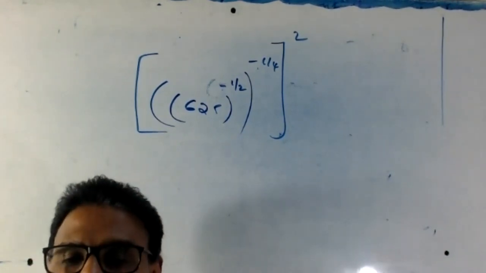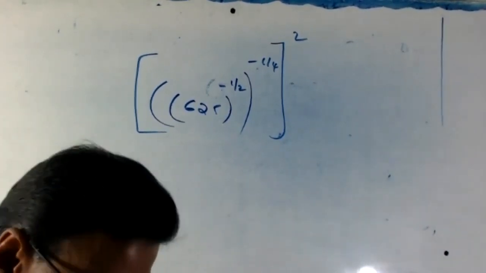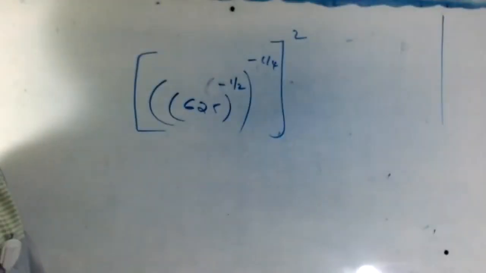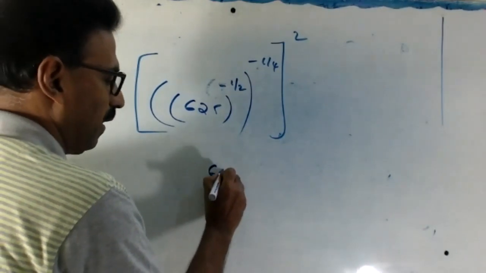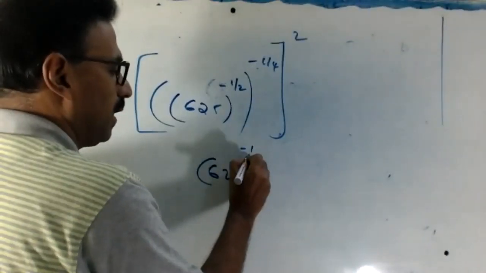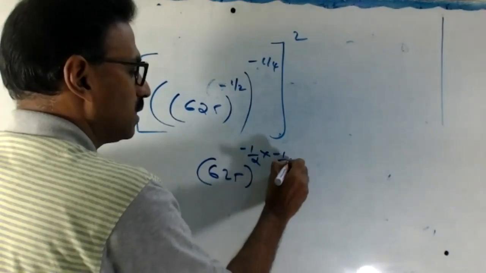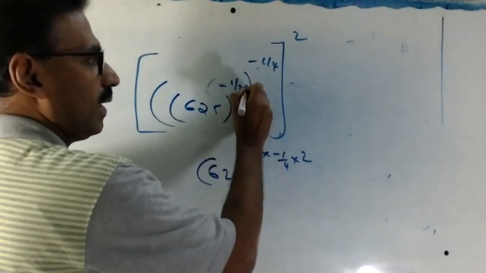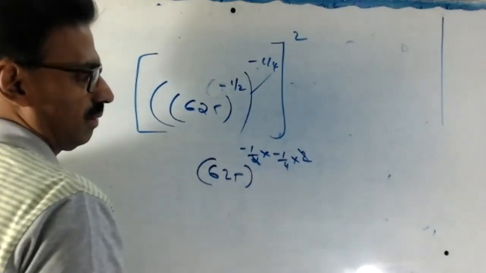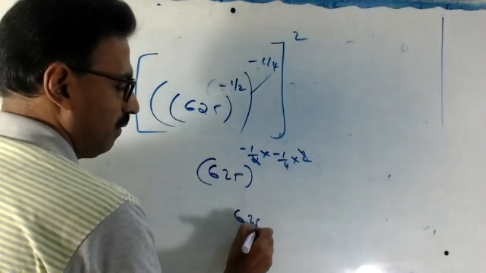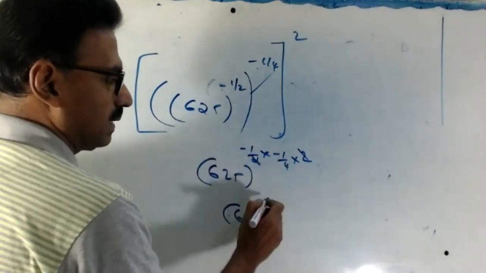Okay, so look here. This one, I can directly get that. 625 all raised to minus 1 by 2 into minus 1 by 4 into 2. Directly multiplication. These two cancel. Minus into minus is plus.